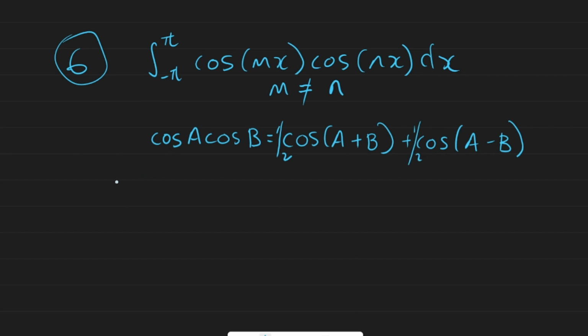So putting that in, what we get is a half integral. Putting these terms inside, we get cos A plus B, so it's cos mx plus nx. So we'll just take out the x as a common factor, and write it in front.